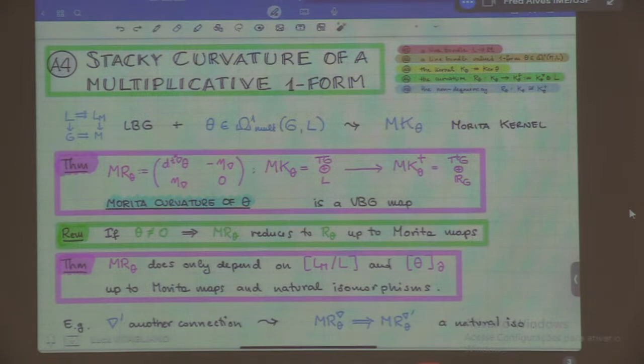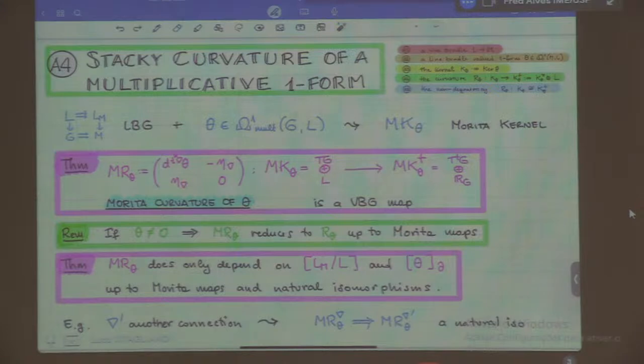Another motivation is that this Morita curvature is Morita invariant in the following sense: it does not depend on the dB part of my line bundle groupoid and on the simplicial homology class of the one-form, at least up to Morita maps and natural transformations.